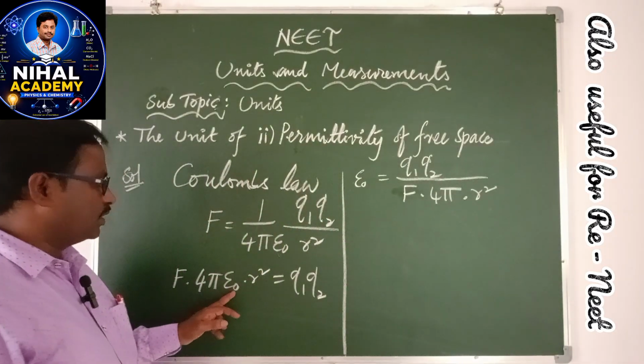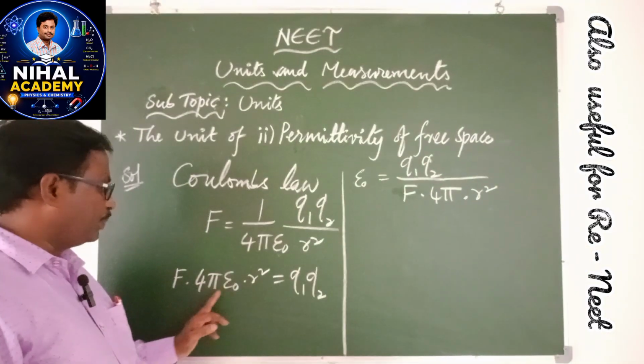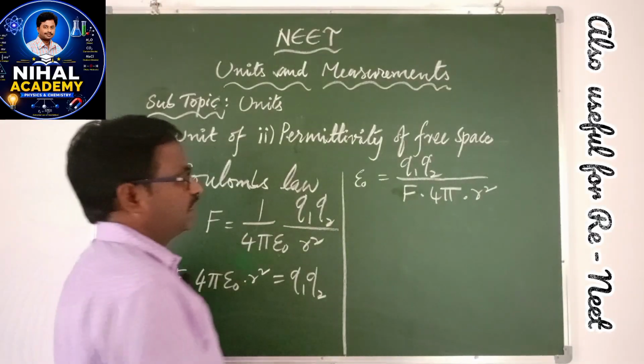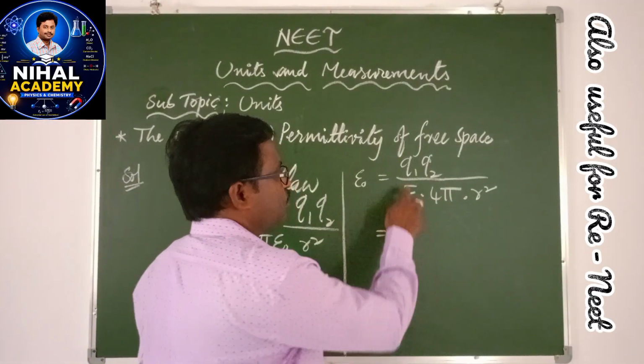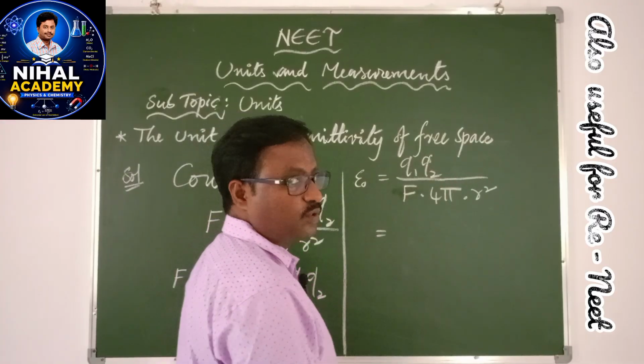So epsilon naught is equal to Q1 Q2 by 4 pi F R square. Now here 4 pi is the constant. So Q1 Q2, those are charges.